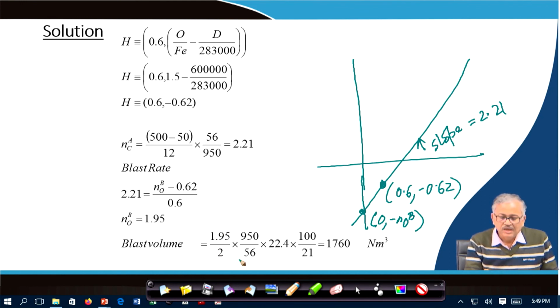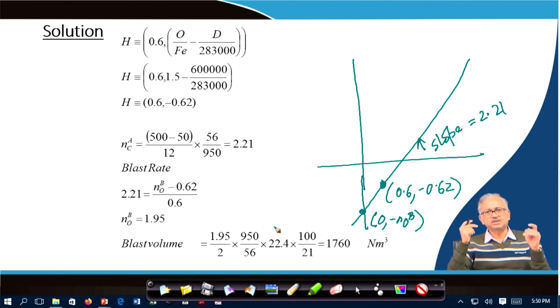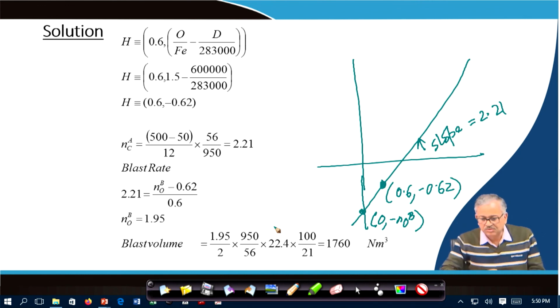And this kg mole of oxygen is multiplied by 950 by 56, because it is per gram atom, so multiply by the amount of kg atom of iron that is produced, multiplied by 22.4, that will give you the normal meter cube, and 100 by 21, because this is the oxygen volume, so 100 by 21 gives you the air volume, that will be 1760.